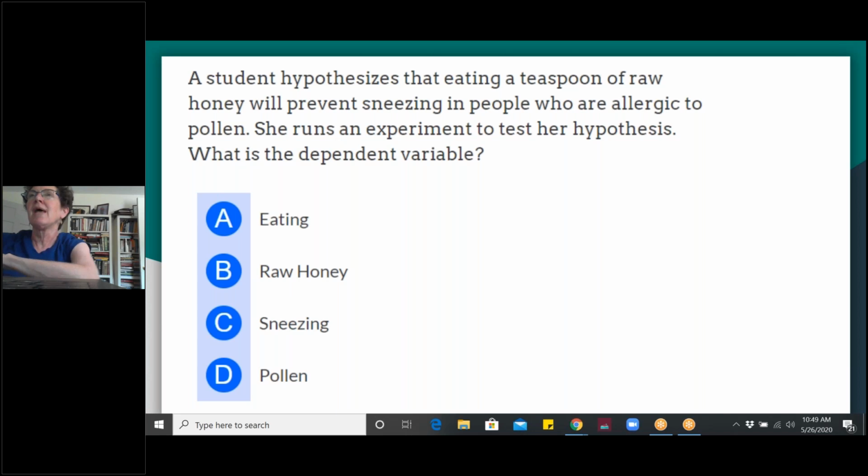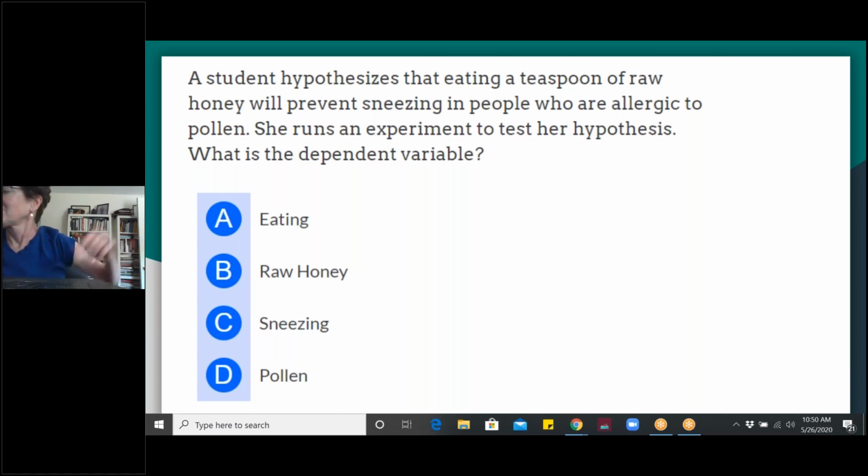The raw honey is the independent variable. Beautiful. So what does she measure for all of the people? She measures their sneezing, their amount of sneezing. So what is the dependent variable?